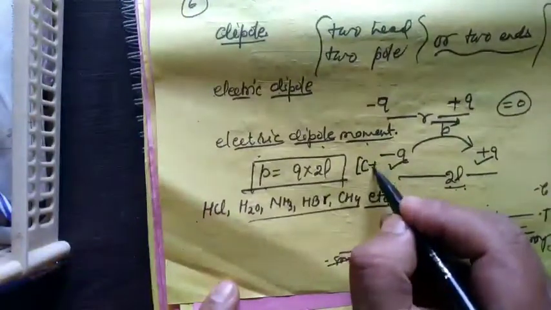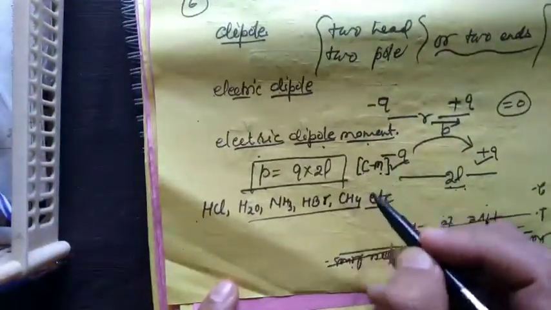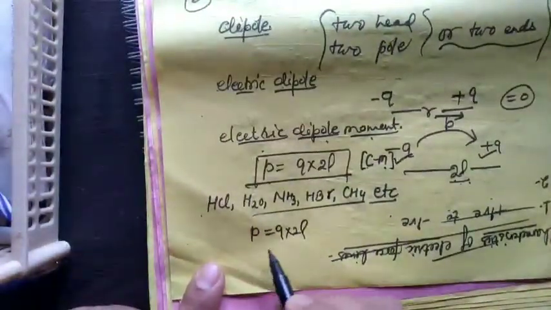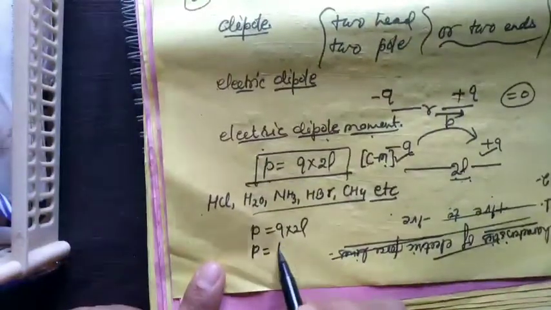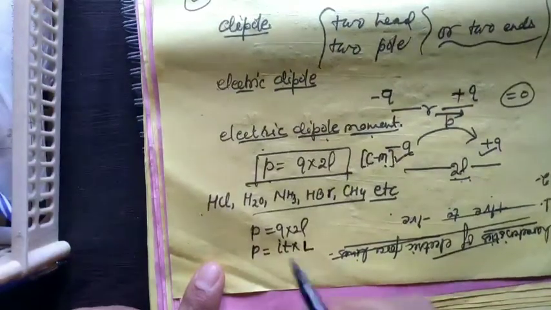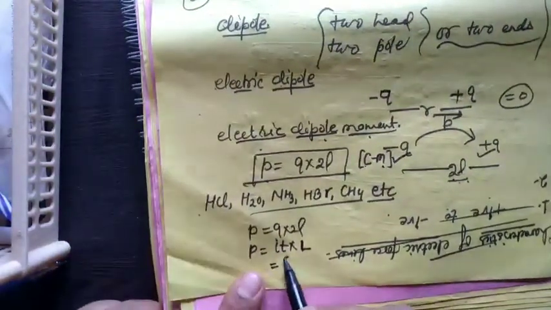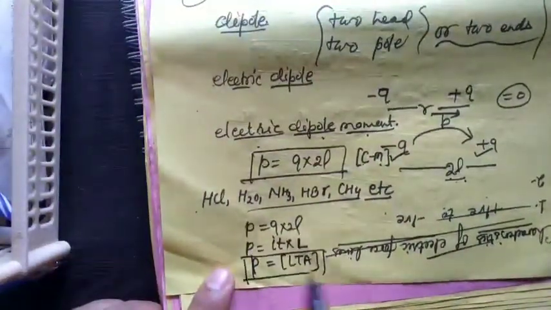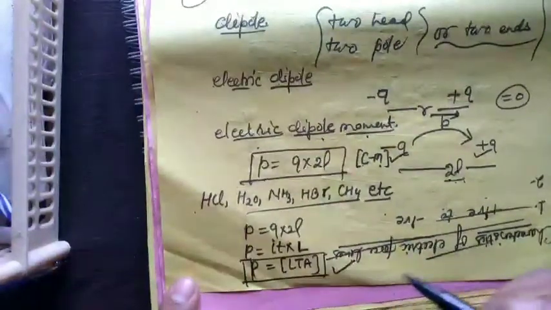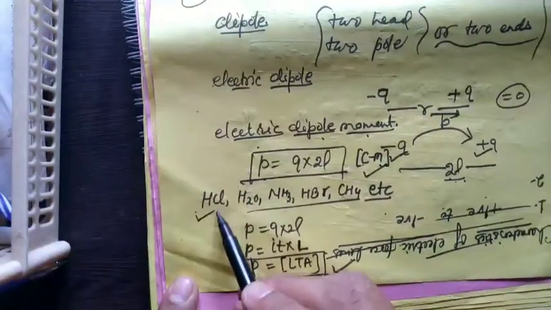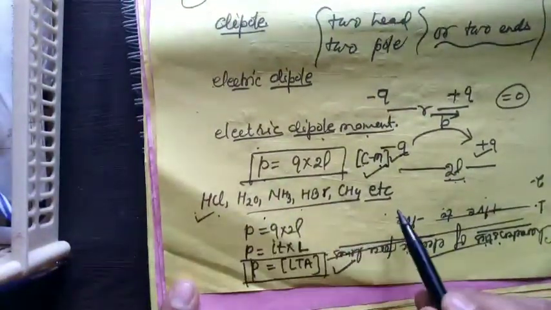Its unit is coulomb meter. The dimensional formula, with q equal to IT, is LTA. Examples are HCl, H2O, NH3, HBr, CH4, etc.